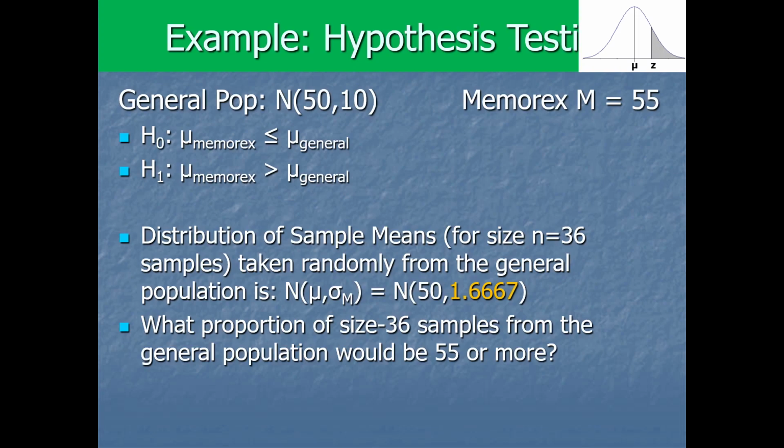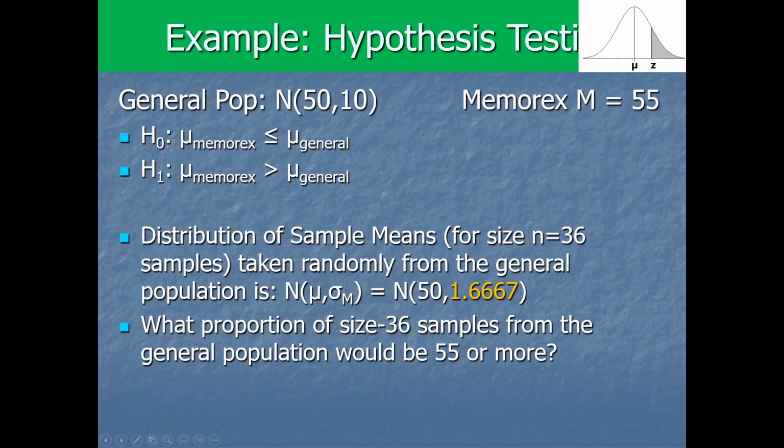So 10 divided by 6, because that's the square root of 36, our sample size, which is 1.6667. So probability theory proves that the distribution of all possible sample means, if the null is true, will have this mean of 50 and this standard deviation of 10 over the square root of the sample size. So it comes out to 1.6667 as its standard deviation.